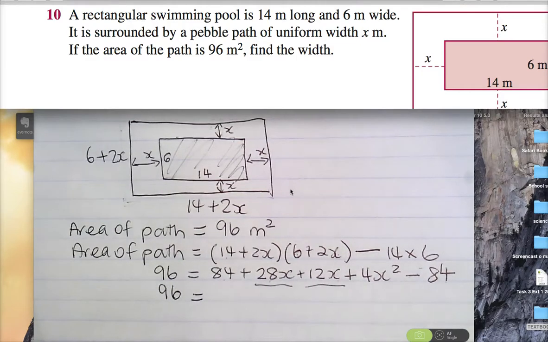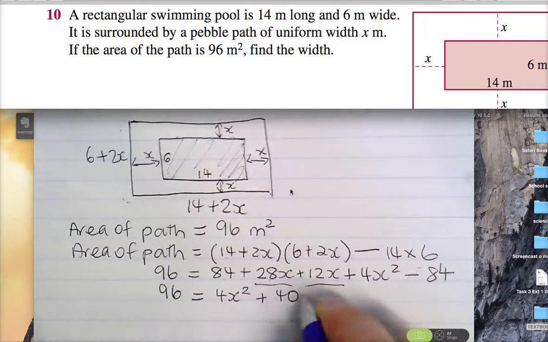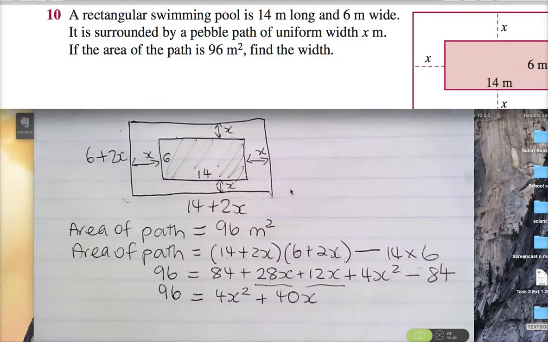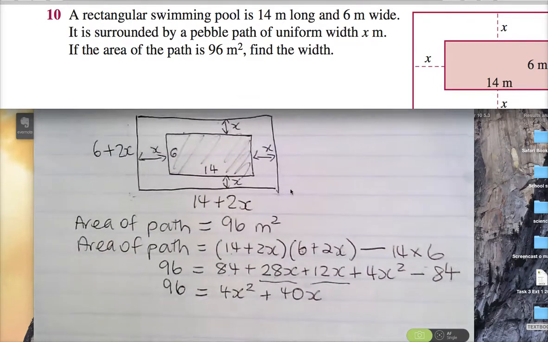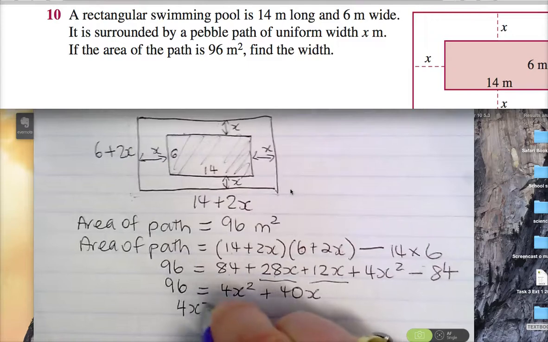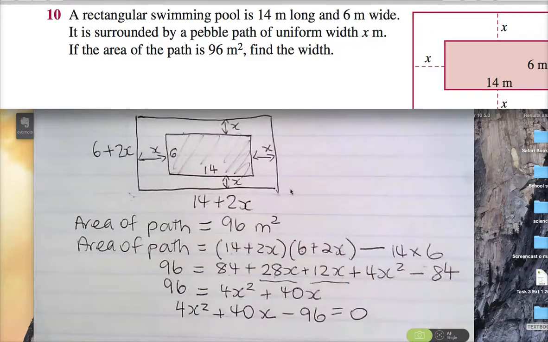What have you got? 4x squared plus 40x. What should we do with all this now? Take it, yeah, move the 96, good. So we've got 4x squared plus 40x minus 96 equals 0. Now, we don't want 4x squared if possible.